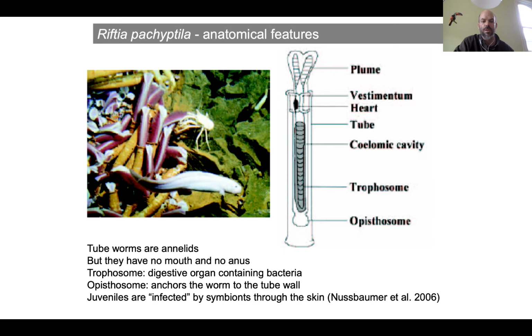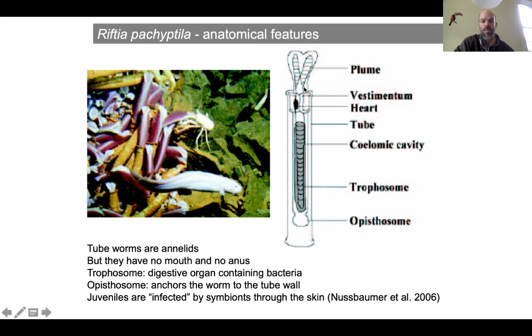Here is a diagram of a tube worm to explain a little bit more about the weird anatomy of these worms. So again, the worms live inside these tubes that they make for themselves. They happen to be annelids, so they are in the same group as earthworms. You can see in this diagram, at least, how they are segmented in this way. They have no mouth and no anus.